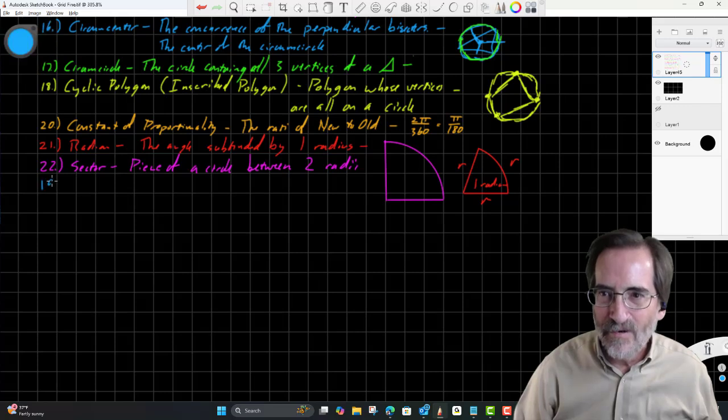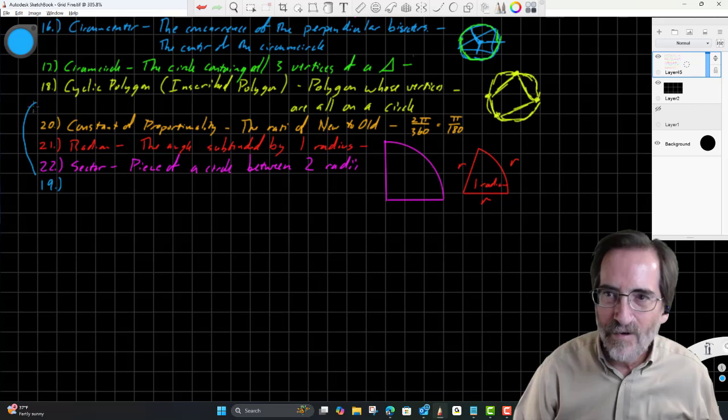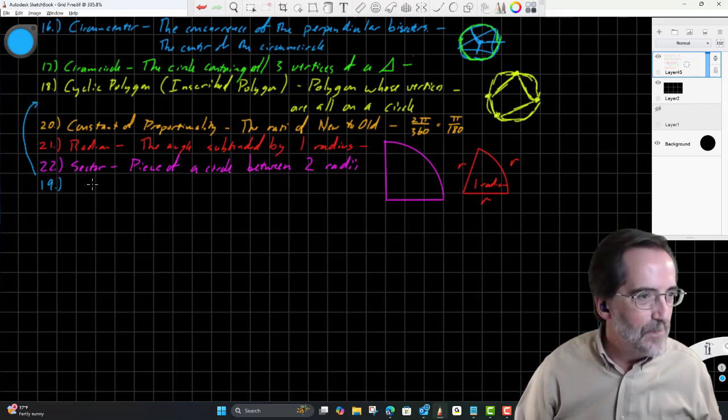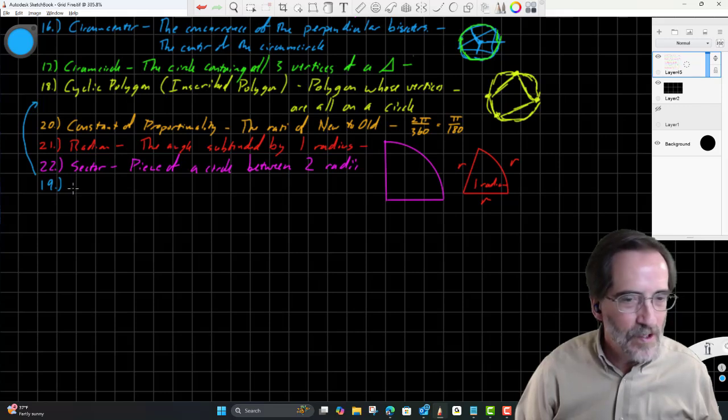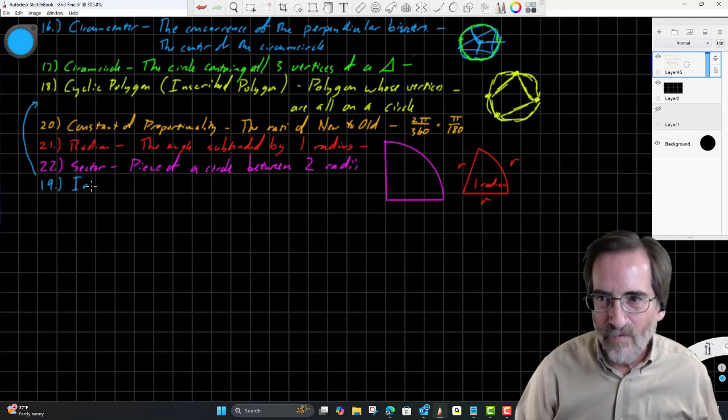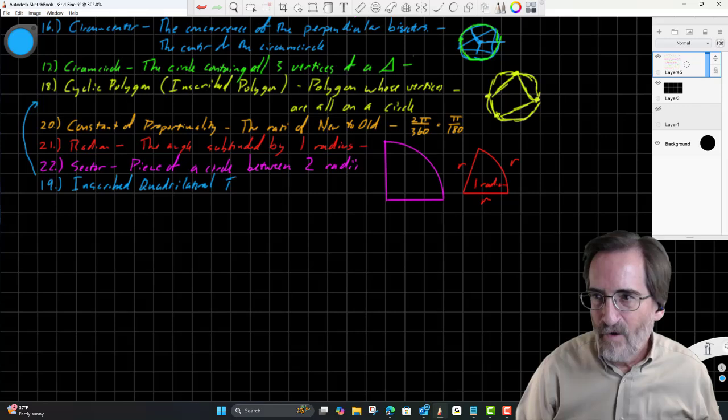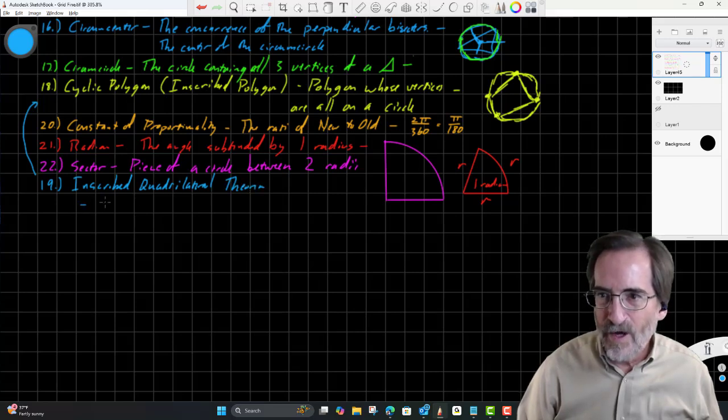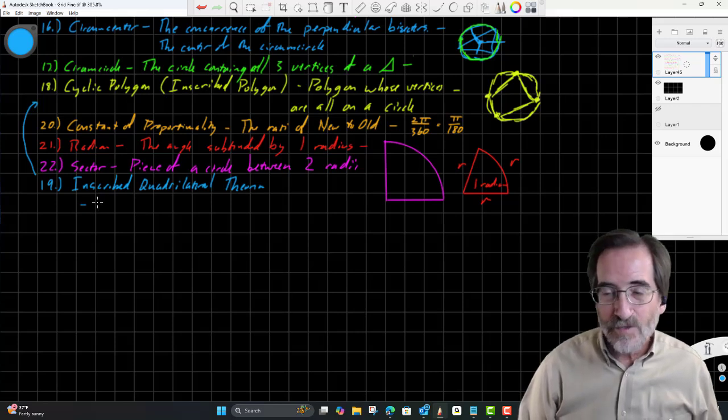19, which belongs up here, is the inscribed quadrilateral theorem. Okay, an inscribed quadrilateral is an inscribed polygon.